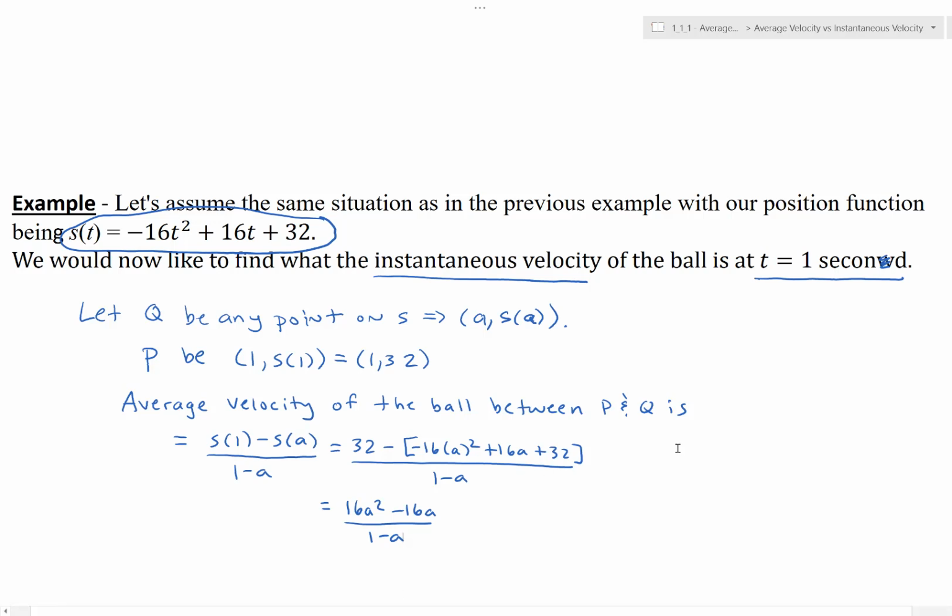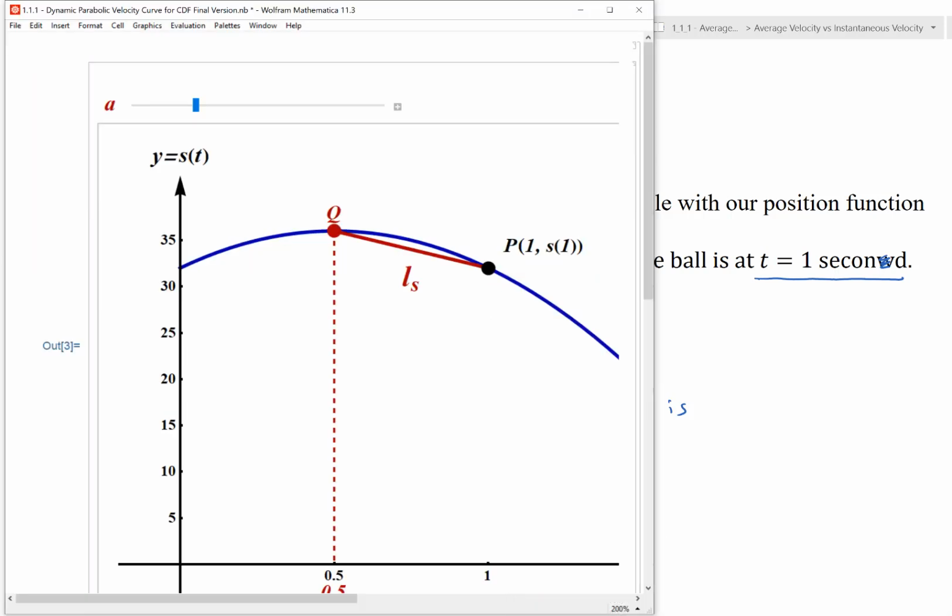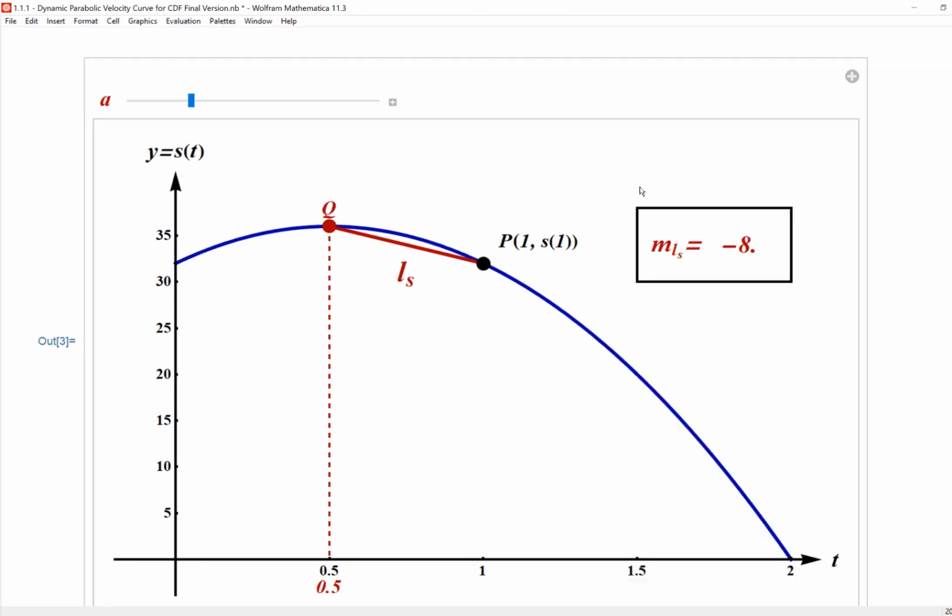And as a changes, the slope of the secant line should change. Let's go ahead and take a look at a little picture here. What we see in this picture is exactly the situation. Right now, we're at the point Q, which is a half comma s of a half, which is what we were looking at earlier.